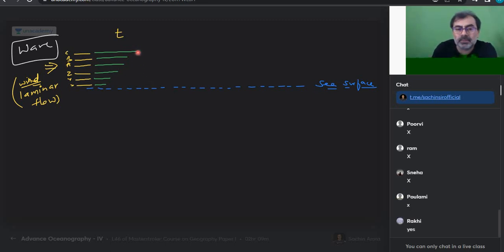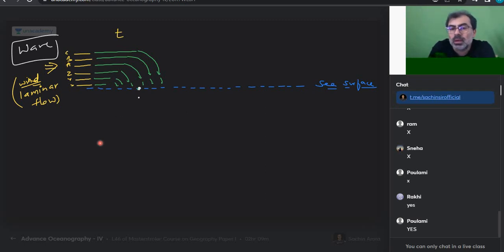What will be the tendency? Tendency to press on the surface. Point A, which was here, will it be pressed here? Yes or no? How would the surface be now?